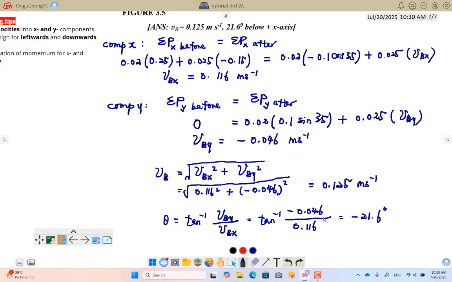So refer to the components: our component Y for the final velocity of ball B is negative, the component X is positive. So this angle will be below positive X. We have determined the velocity of ball B after collision is 0.125 meter per second, and the direction is 21.6 degrees below positive X.